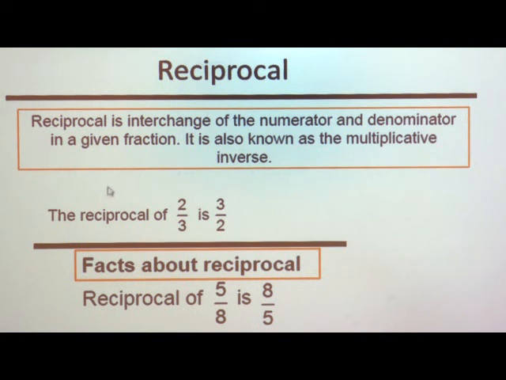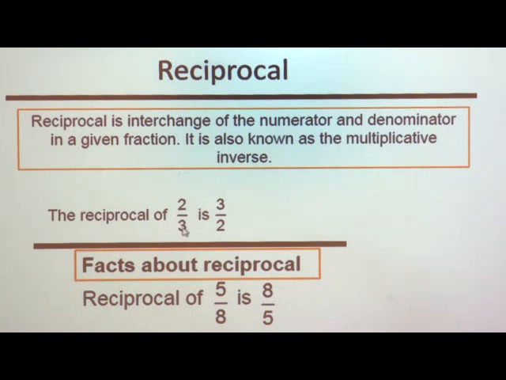If we have a fraction, we have to interchange the numerator and denominator of the given fraction, or we can say it is a multiplicative inverse. The reciprocal of 2 upon 3 means what? We are interchanging the numerator and denominator.